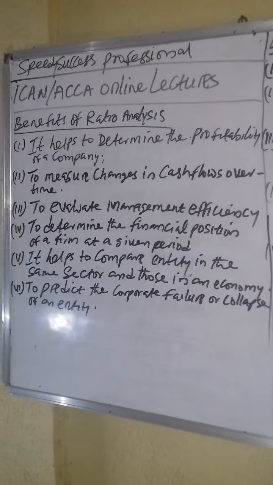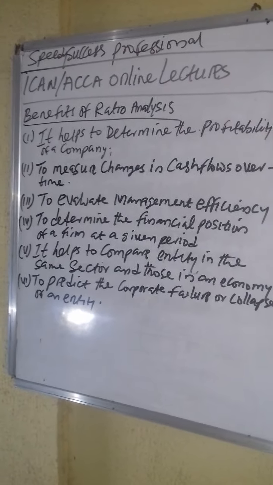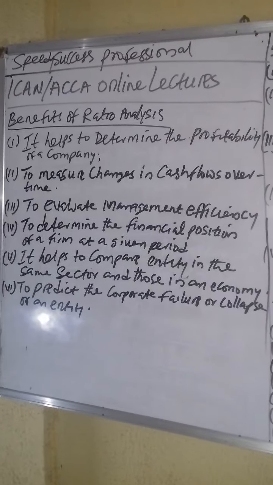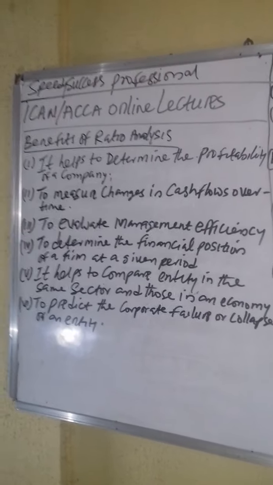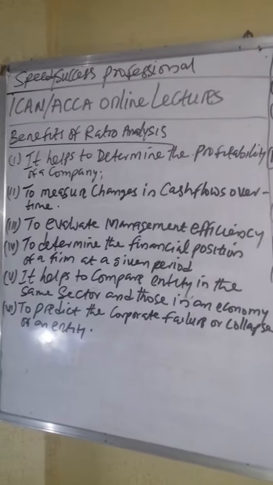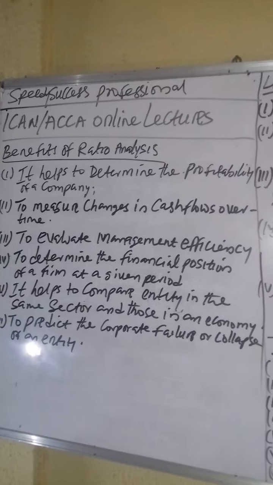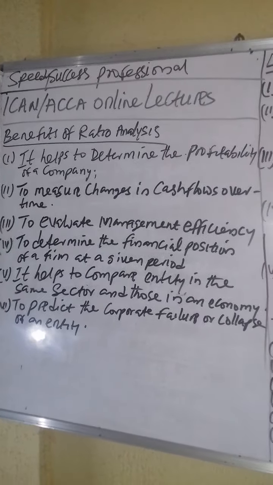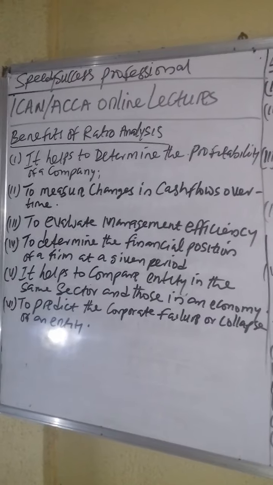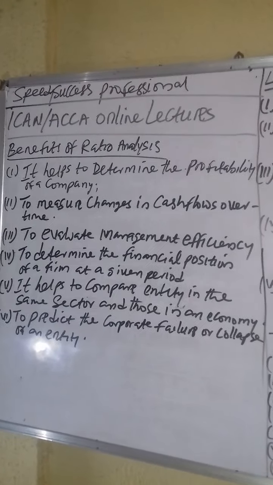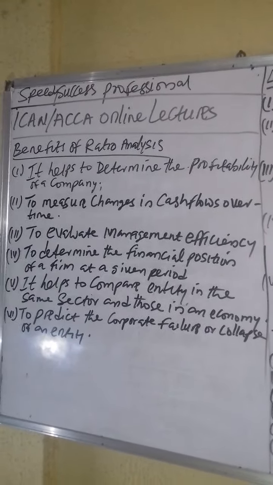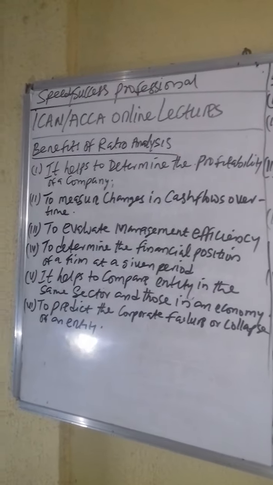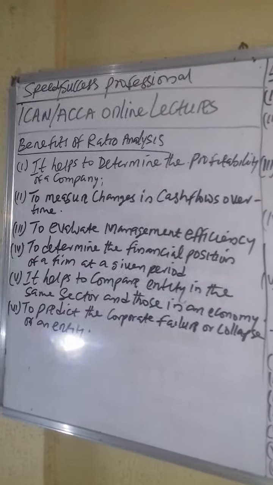When you decide to provide financial information and give interpretation to the users, what you are creating is what we call ratio analysis. And what does it do? It helps to determine the profitability of a company at a certain period.